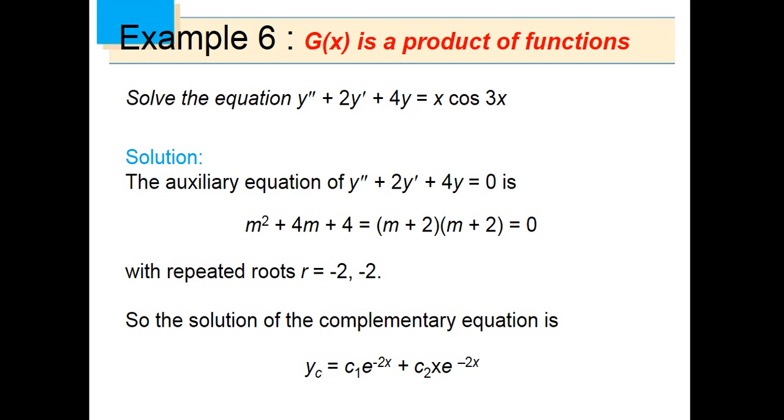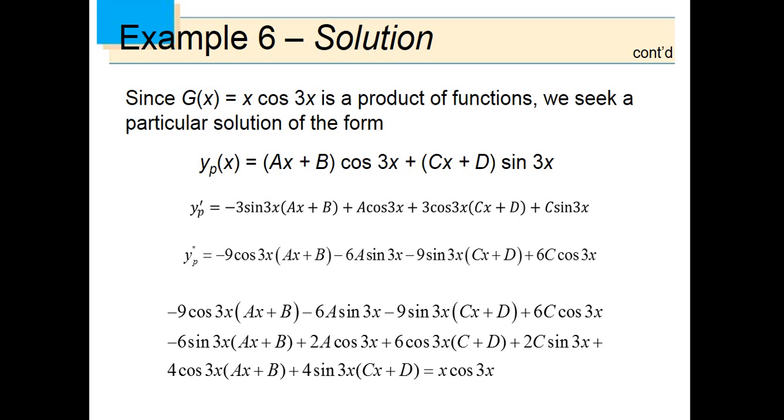So if we have modified in the previous example your particular solution, because we want it to be unique from the terms of your complementary solution, this time we modified a term in your complementary solution to make it unique from the other one. So you know how to modify. We multiply in terms of the independent variable. In this case, we modify the second term here by multiplying it with x. Okay, so that's your yc, but your yp is to be written in this form.